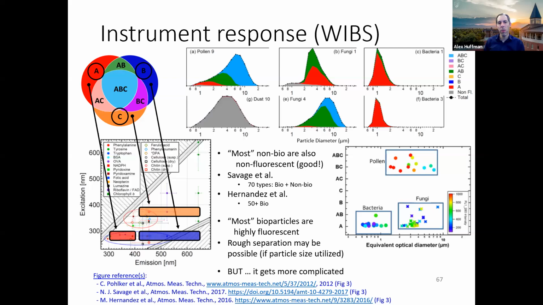The instrument response, this is where I'm going to narrow in on one specific instrument, but the principles are still broadly applicable to other, especially laser-induced fluorescence instruments, where we have a couple different wavelengths of excitation. So look in the lower left for the moment. Remember I said that there were these two regions of excitation.